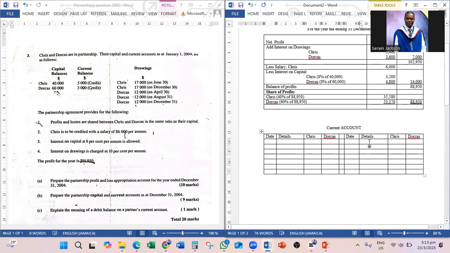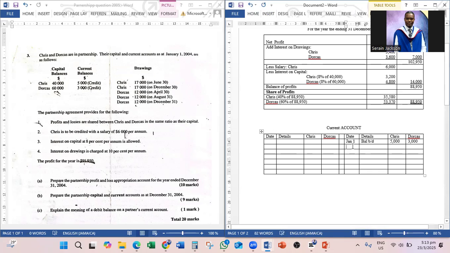So they gave us the opening balances. The date is actually January 1, and these are the balance brought down. For Chris it is $5,000, and for Dorcas it is $3,000.